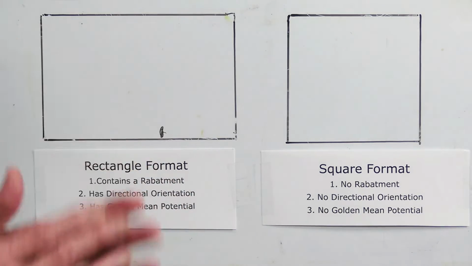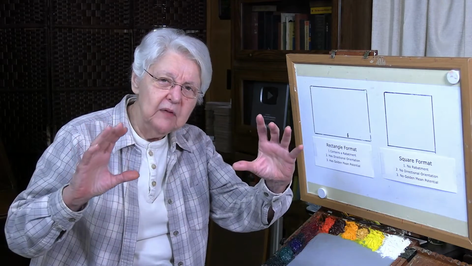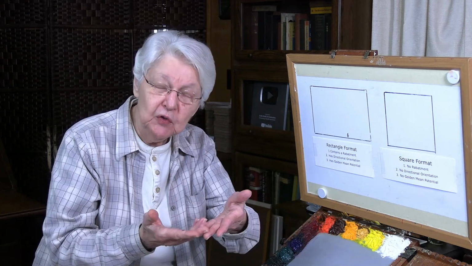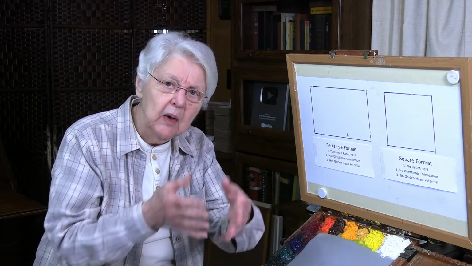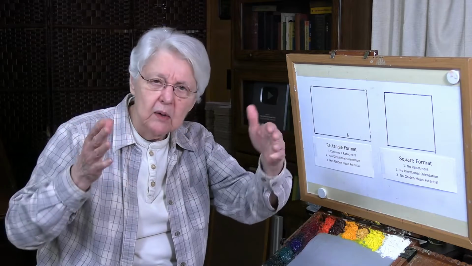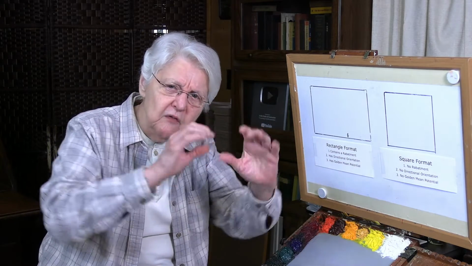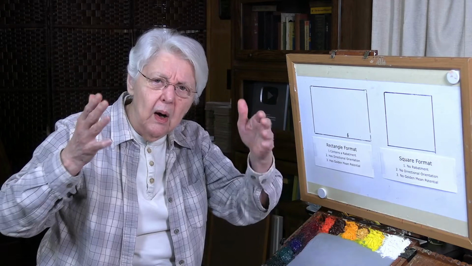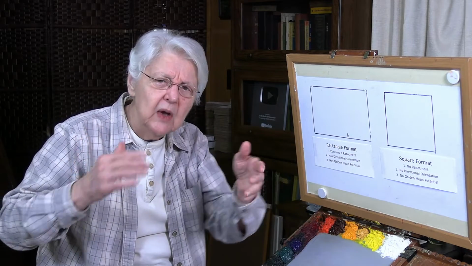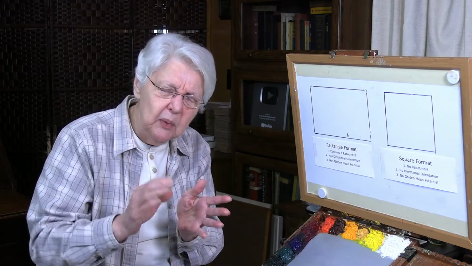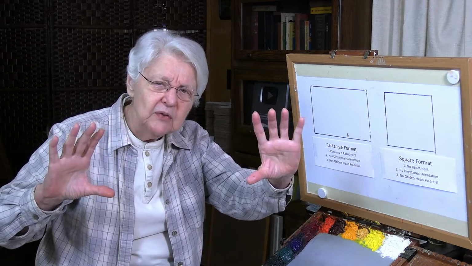So now what does that mean? The orientation of your canvas presents something about the interpretation of the painting itself. So orienting your canvas in the horizontal gives the interpretation of a more restful or less tense environment in which you can put whatever your composition is.